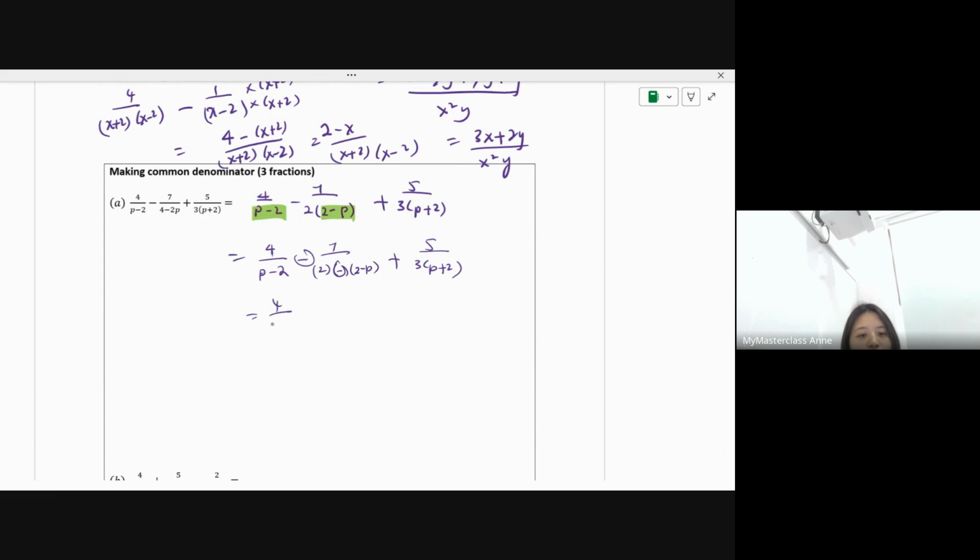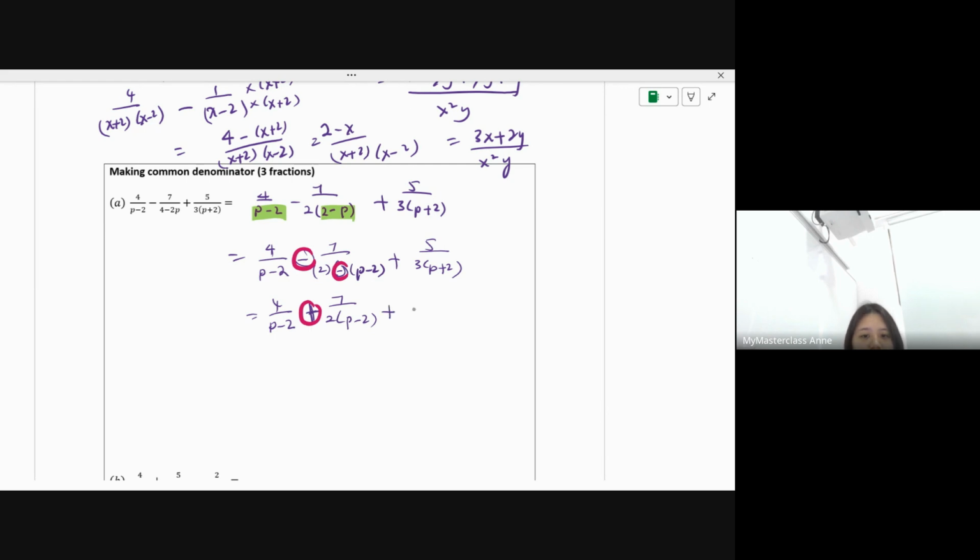So 4 over p minus 2 plus 7 over p minus 2. Sorry, this one must be p minus 2. I put a negative sign because I already changed the position: 2 minus p became p minus 2, so I put a negative sign. So negative and negative becomes a positive. This is where we get this.